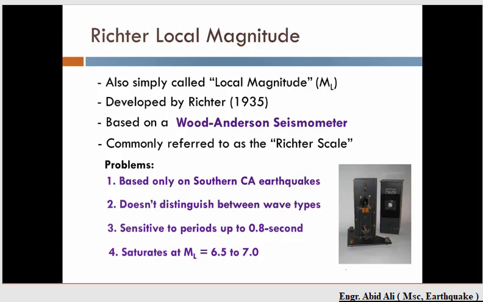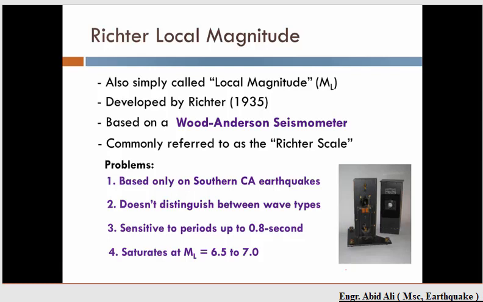The other thing that's really interesting is that it's really sensitive to periods up to 0.8 second of vibration. What this really means is that happens to be the period range of the instrument itself. Every object, I don't care what it is, has a natural period or a natural frequency of vibration.